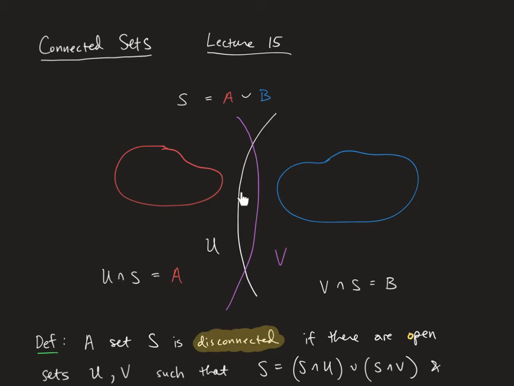So this open set barrier that we've set up between A and B, another way of saying that is that the closure of A doesn't meet B. So it's not just that A and B are disjoint, it's that A is actually disjoint from the closure of B, so it's disjoint from any limit points of B, and vice versa. So B is disjoint from any limit points of A, from the closure of A.